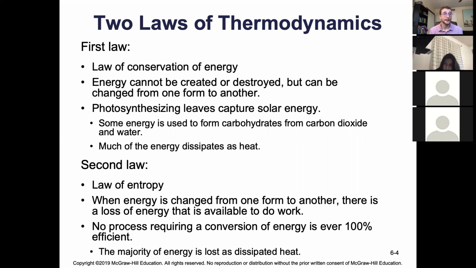That's the direction that things are going to go. So when energy is changed from one form to another, there's a loss of energy that is available to do work. No process requiring a conversion of energy is ever 100% efficient. And again, the majority of energy lost is lost as heat.